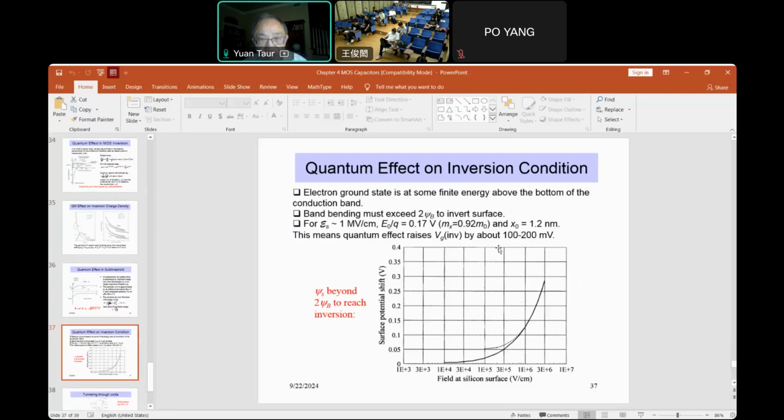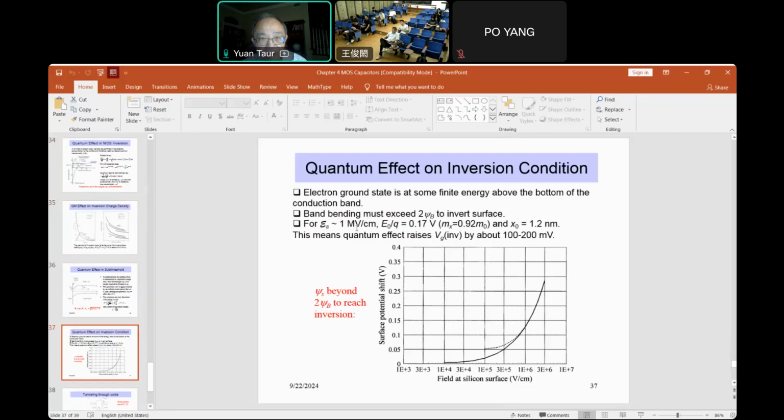But once the surface field, the slope, becomes 1 megavolt, okay, then you can see that if it's 10 to the 6 volt per centimeter, then you need to bend by more than 100 millivolts. Okay?